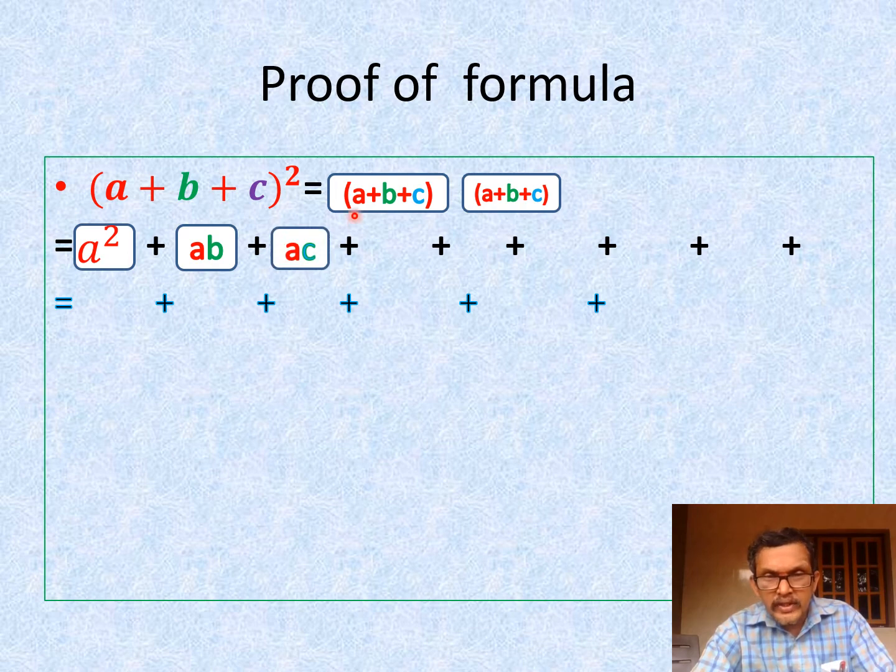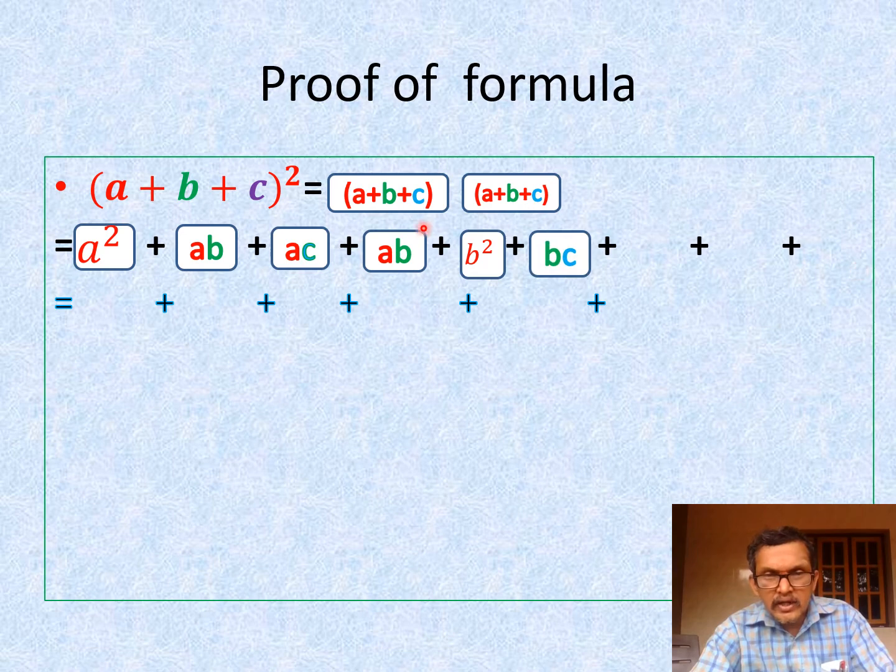Similarly, now start from b. b into a is ab, ba and ab are one and the same, because the commutative property holds good under multiplication, like 4 into 3 and 3 into 4. So a into b and b into a are one and the same. So b into a, ab. b into b, b squared. b into c, bc.